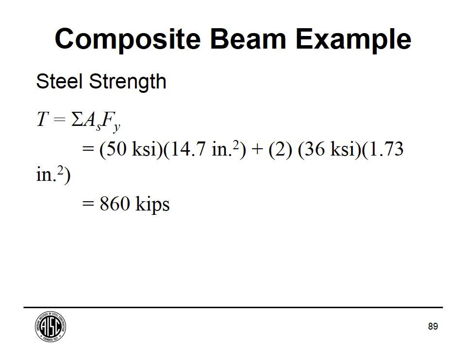It's going to yield, and it's going to go along that yield plateau at 36 KSI, and at the time, the beam is going to be at that location, 36 KSI also. But as you start adding more load to that beam, assuming perfectly plastic and no strain hardening, that angle is going to stay at 36 KSI while the beam goes up until it gets to 50 KSI.